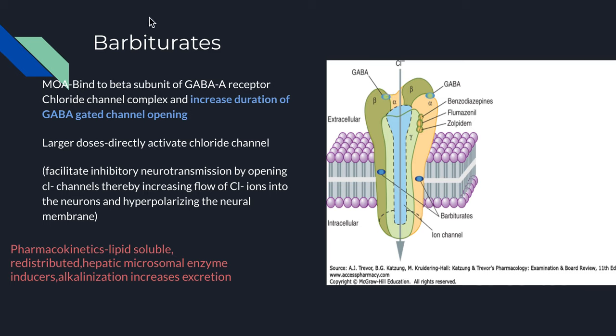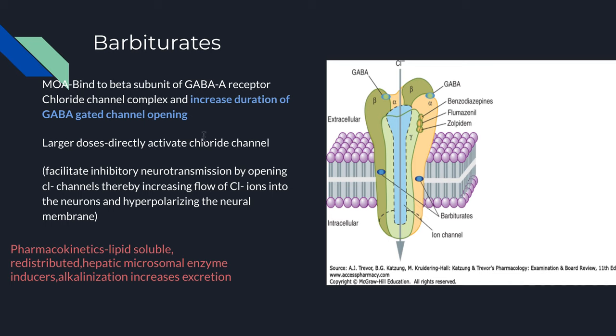What barbiturates do is they bind to the beta subunit of GABA A receptor, chloride channel complex, and increase the duration of GABA gated channel opening. So, Barbies last long, so they increase the duration of GABA gated channel opening. And at larger doses, they directly activate the chloride channel.